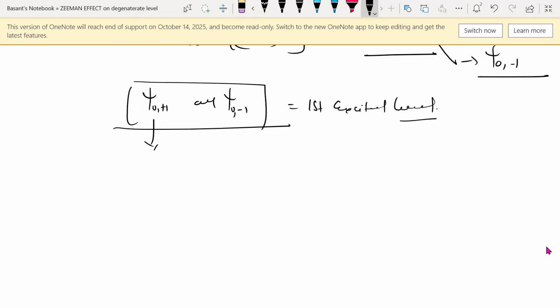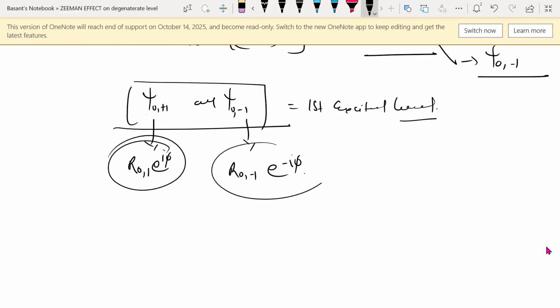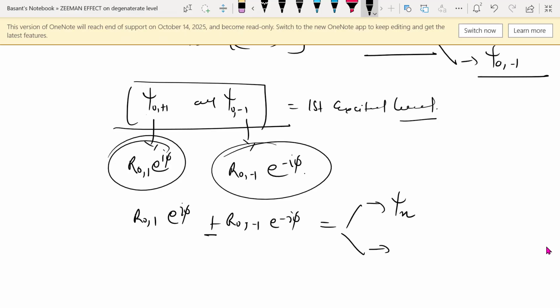Now, these states are written as R01 e to the power i phi and R0 minus 1 e to the power minus i phi. By the linear combination of these, we get the two states psi x and psi y, which are real functions and are the unperturbed states.